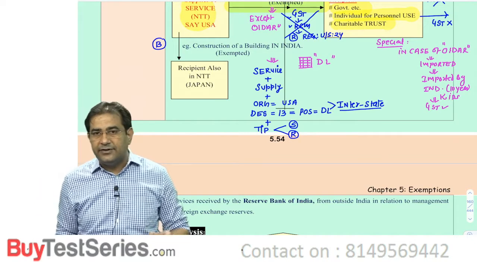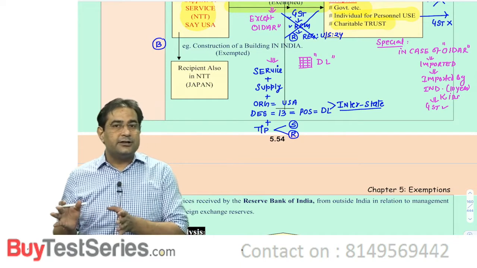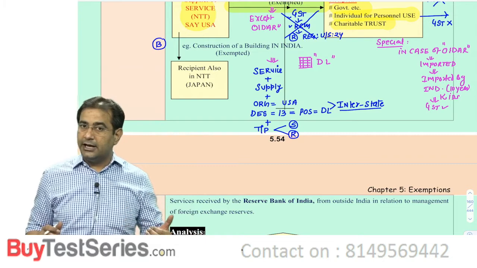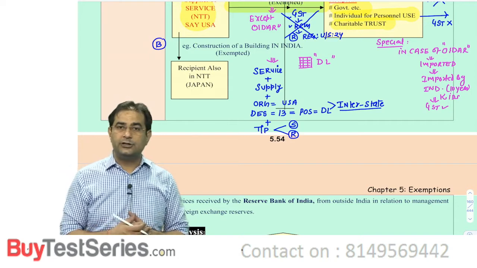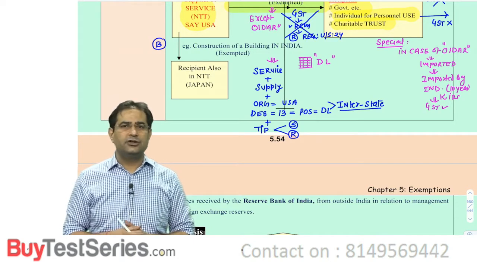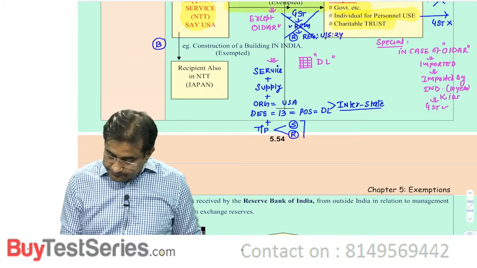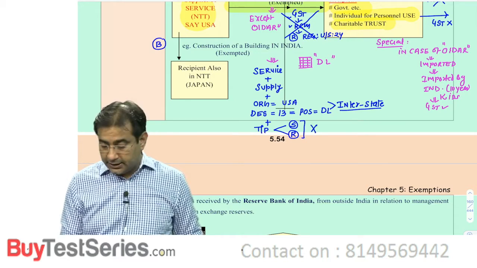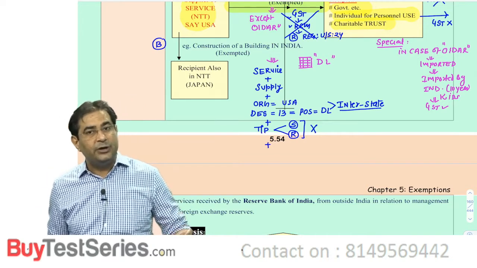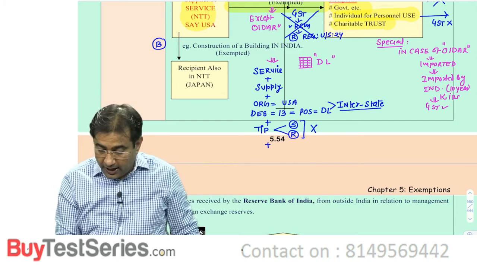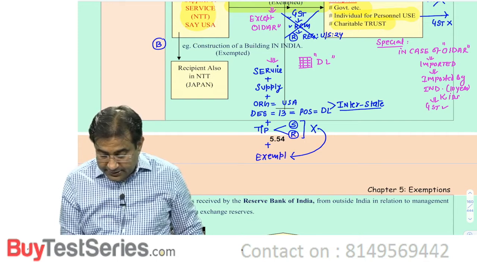And this is the basic fundamental rule of application of reverse charge mechanism, that the recipient must be located in India or in taxable territory. But in this particular situation, since both the parties are located outside India, government is not able to collect GST from any of them. That's why, since government is not able to collect GST, government made it an exempted supply, my dear.